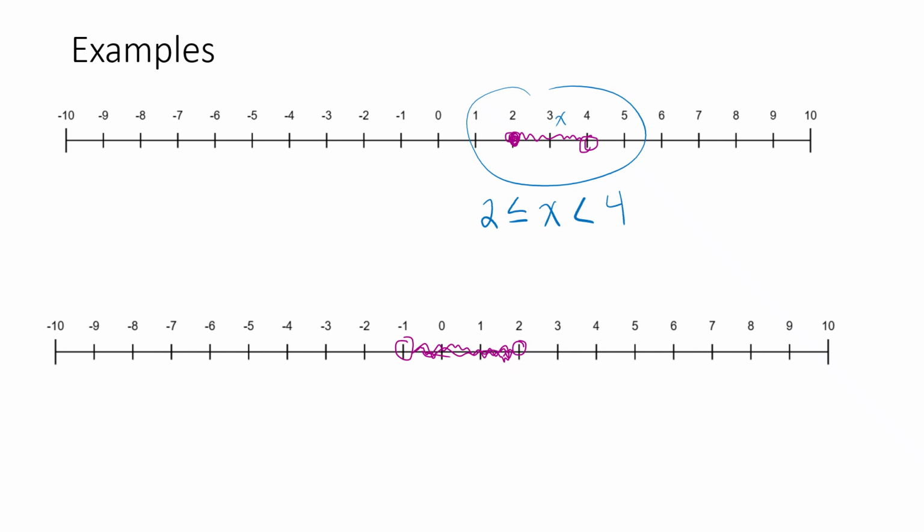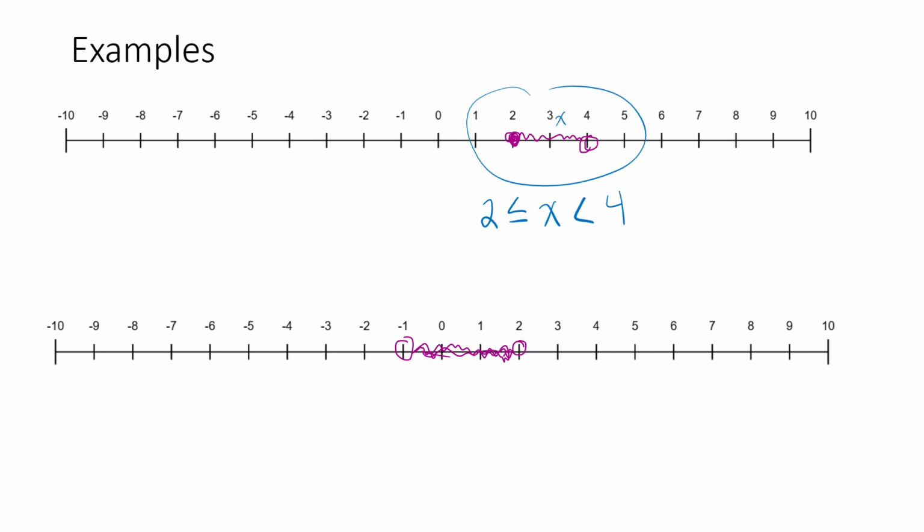That means the numbers can start at 2 and be equal to 2 because it's colored in, and it can be greater than 2. If you read that inequality backwards, it would be x is greater than or equal to 2. Then it would go up to the 4, but it doesn't include the 4.